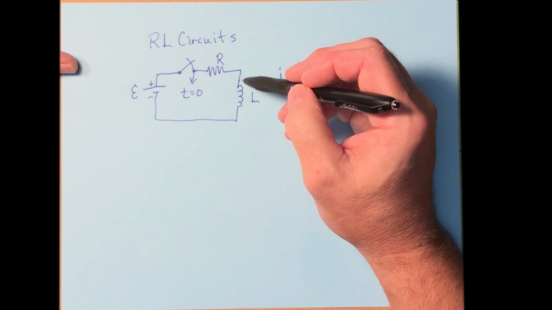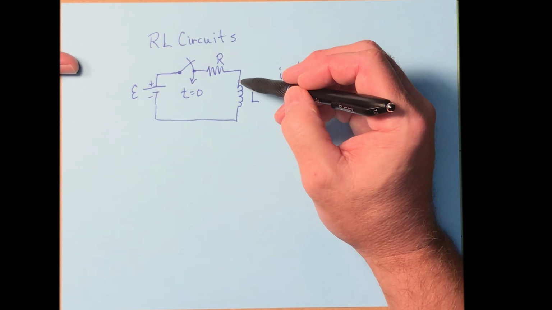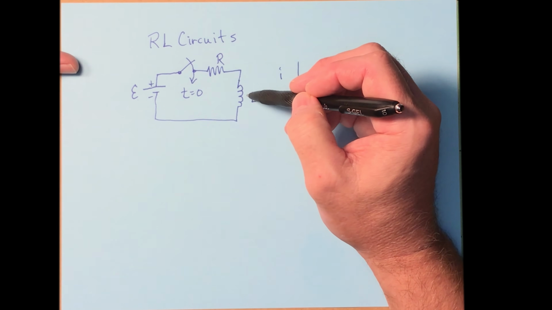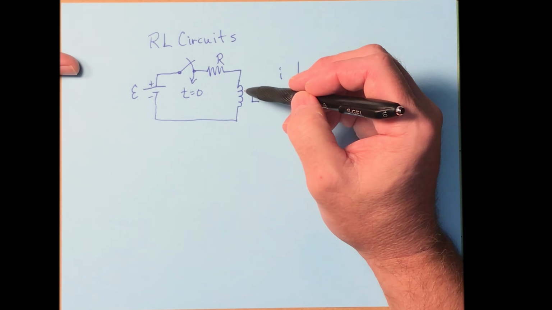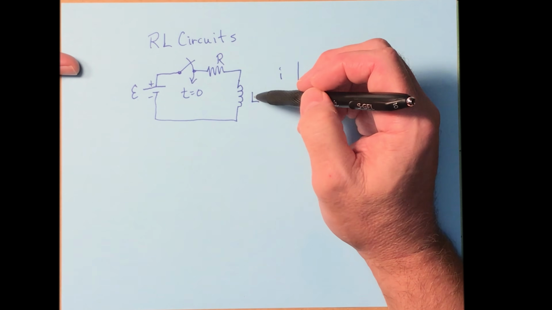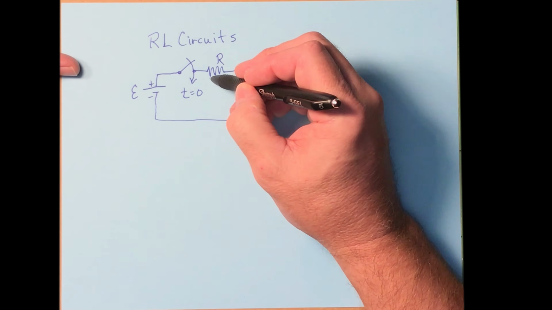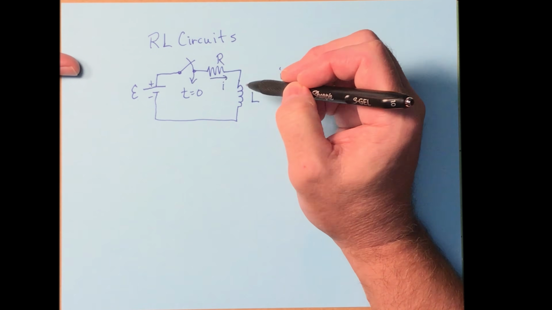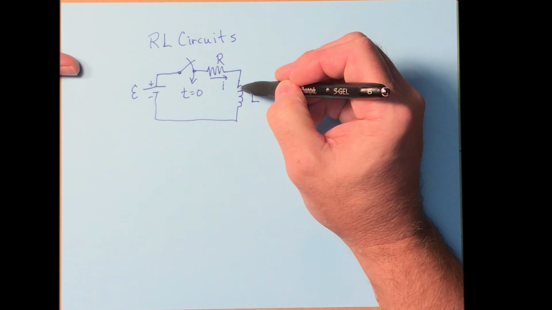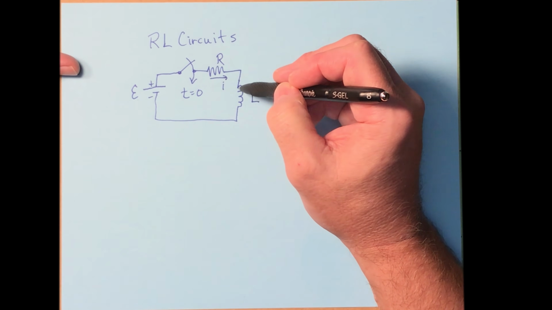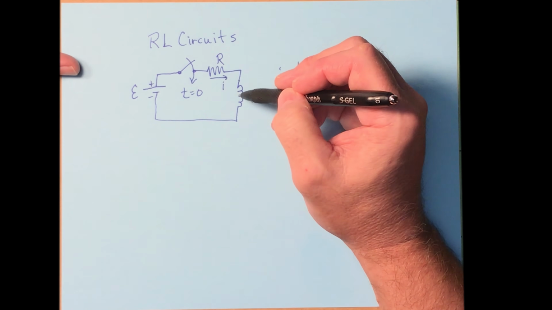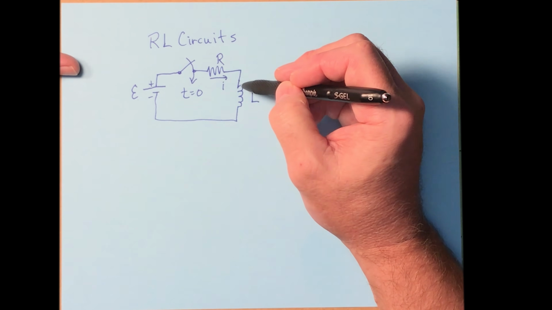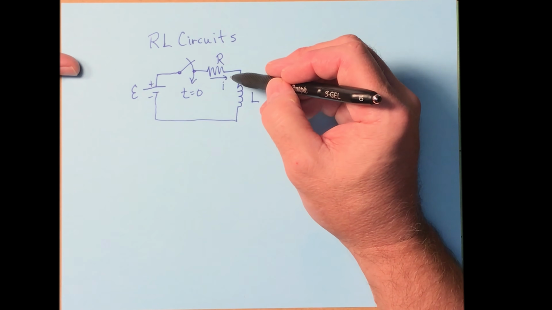However, you'll notice there is an inductor here. And the inductor, if you recall, cannot have an instantaneous change in current through it. So this current that's coming along here, I, is going to go into the inductor, generate a magnetic field inside the inductor, and that is going to form a back EMF, which is going to oppose this current.